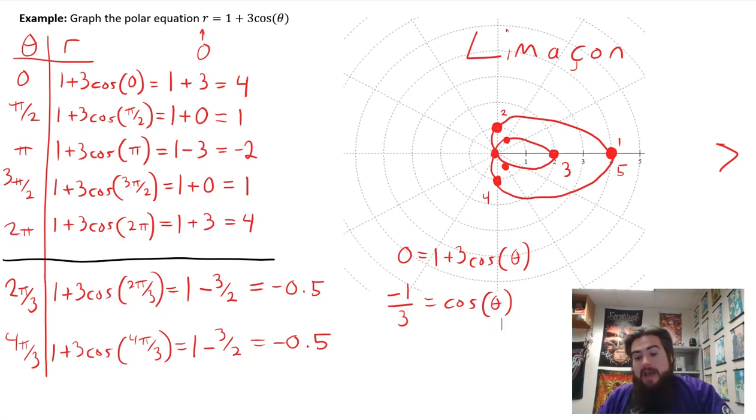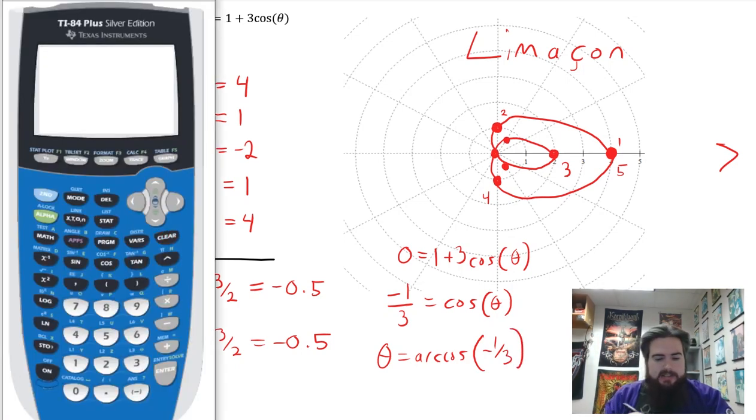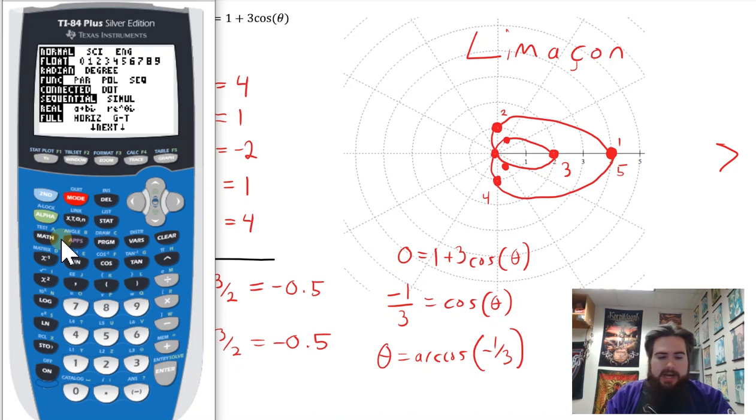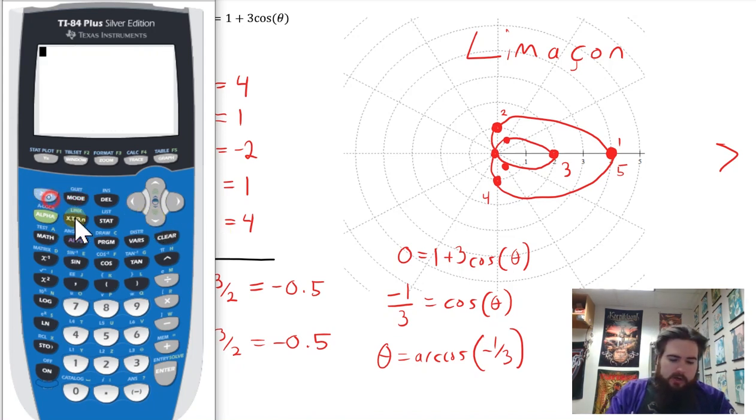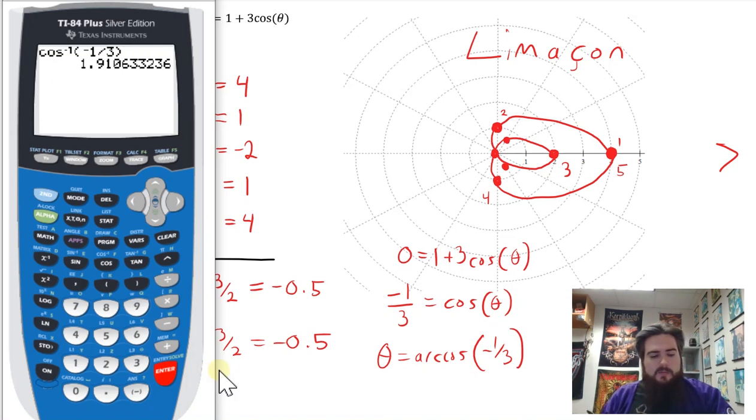If I do happen to use arc cosine to solve this, theta would equal arc cosine of negative 1/3, which I can use a calculator to approximate. Make sure that we are in radian mode here. Arc cosine of negative 1/3, which will give me an angle measure between pi halves and pi, comes out as 1.91 radians.